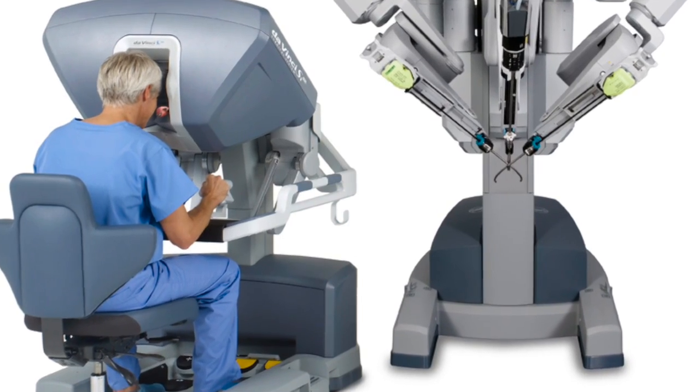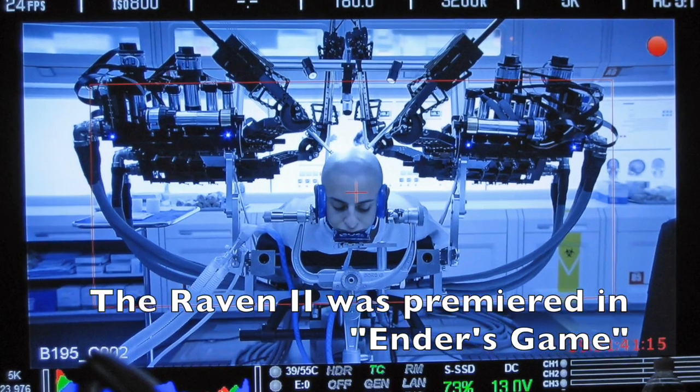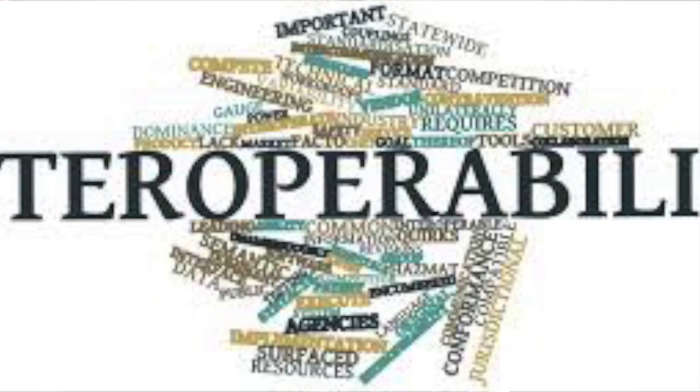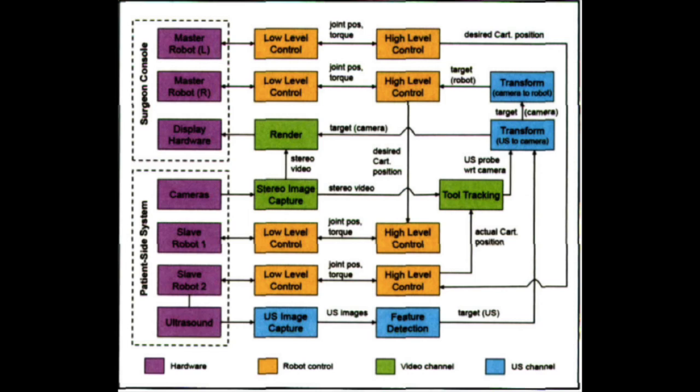So I'm going to give an example in surgical robots such as the Da Vinci and the Raven 2, because these robots incorporate several types of interoperability. From what I found, surgical robots typically use a master and slave hierarchy, meaning there's one robot which controls a subservient robot, and that subservient robot would be the one that, say, holds the camera or gives information and warnings to the master robot.